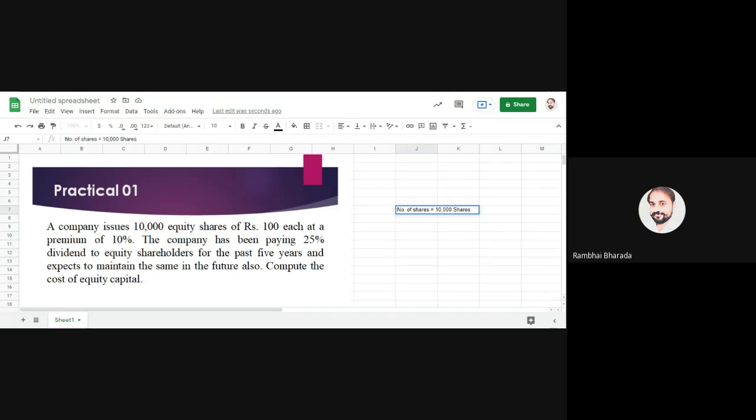Face value, also called issue value, sorry, face value, each of rupees how many? Face value is 100. So rupees 100.